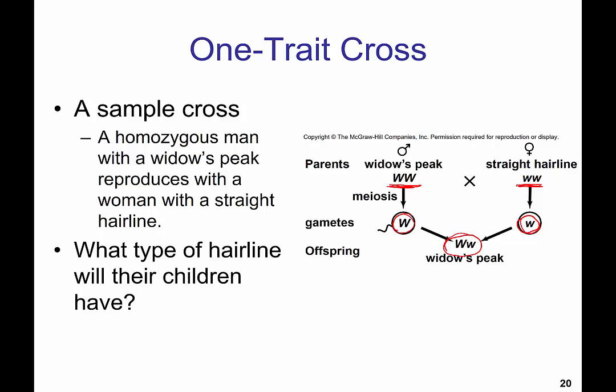This represents the alleles for any potential offspring as big W, little w. So, does this represent a homozygous or heterozygous individual? It should be heterozygous. And so heterozygous would be the genotype, also represented by our alleles or the letters here, and the phenotype is widow's peak.